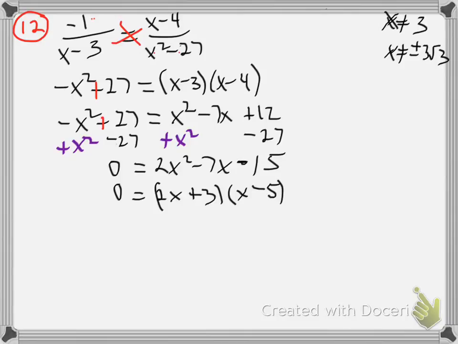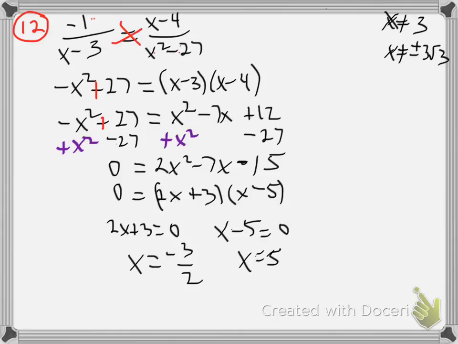And you can just quickly check, yes, that works out to 2x squared minus 7x minus 15. So I set 2x plus 3 equal to 0, and x minus 5 equal to 0. So x equals 5, and x equals negative 3 over 2.